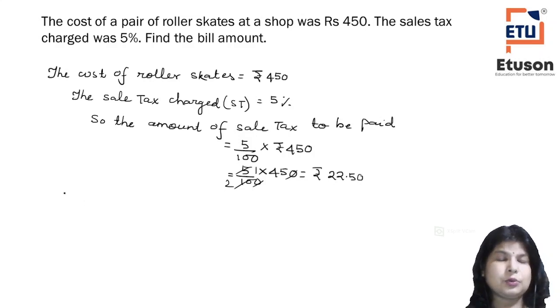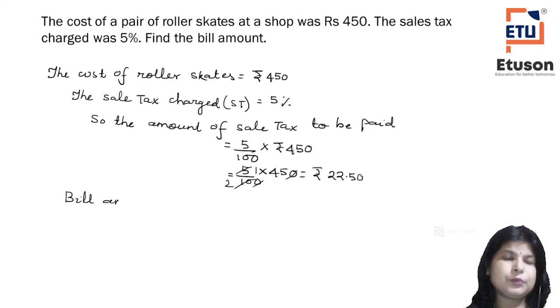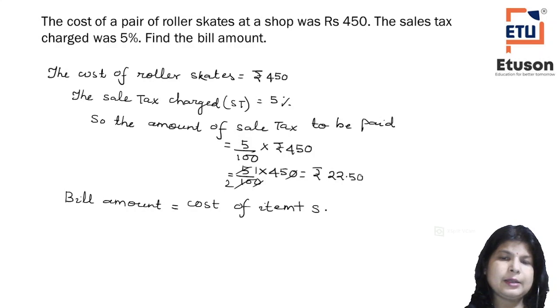Okay. So in order to find out the bill amount, we have to add what? We have to add the cost of the item and sales tax. Okay. So what was the cost of the item? It was rupees 450.